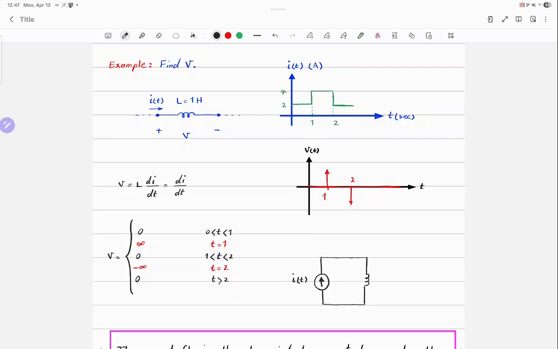Now, your inductor is 1 Henry, and this is the voltage.